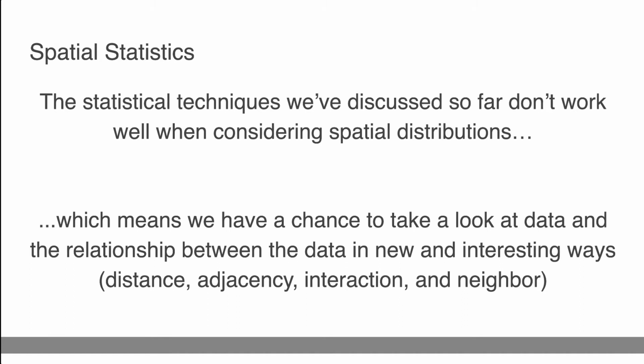Okay, so because things are distributed in space, we get to look at measurements of distance or adjacency, flow between neighbors, interaction, okay? Things like that. So these are measurements which we don't commonly get in a non-spatial world.